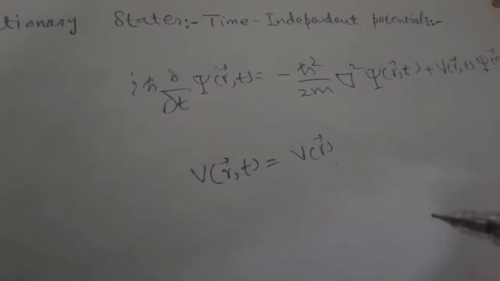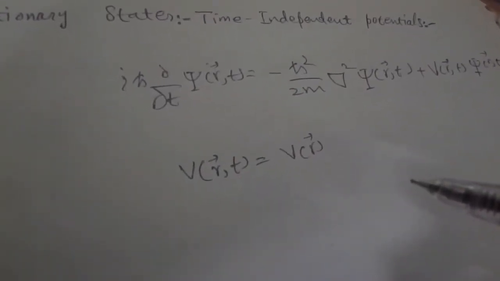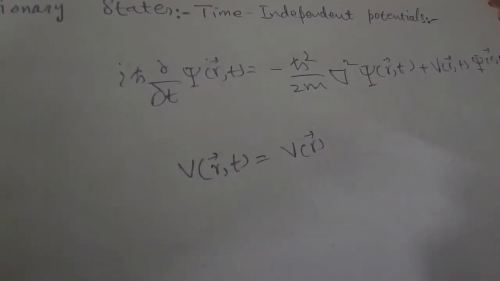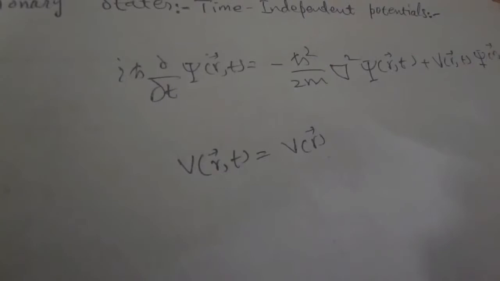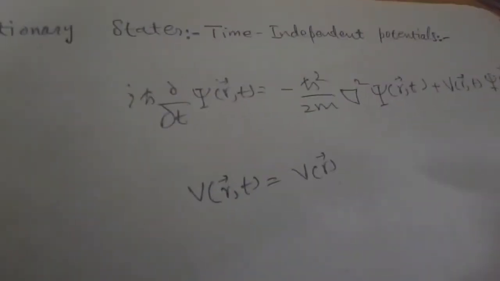And the solution of this Schrodinger equation, which is time independent, will be a product of two functions, one which will depend on the value of r and the other which will depend on the value of time. Why?